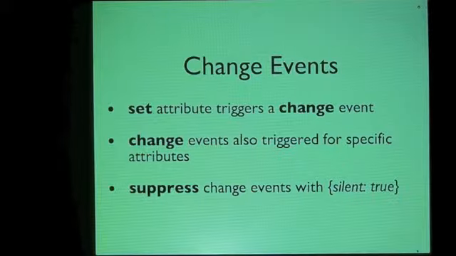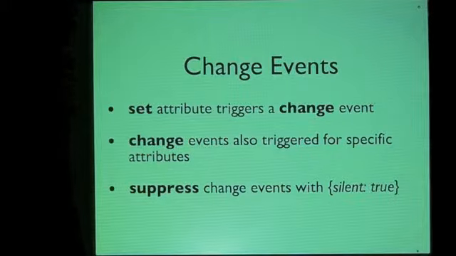Every time an attribute changes, there's a specific change event for that attribute. In addition, there's a generic change event that fires for the whole model. When you're changing things, you can suppress eventing.